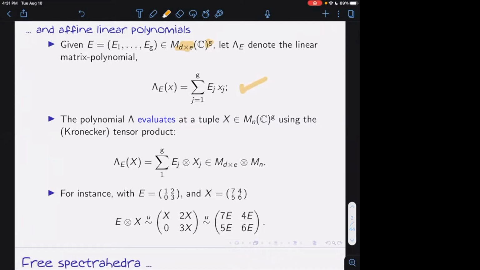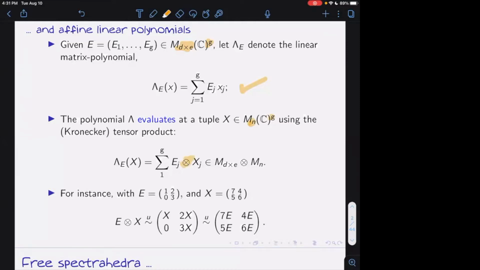And then we'll want to evaluate that at tuples of matrices of varying sizes. So if we have a g-tuple X of n by n matrices, we'll evaluate our linear matrix polynomial Λ_A at the tuple X just using the tensor product.